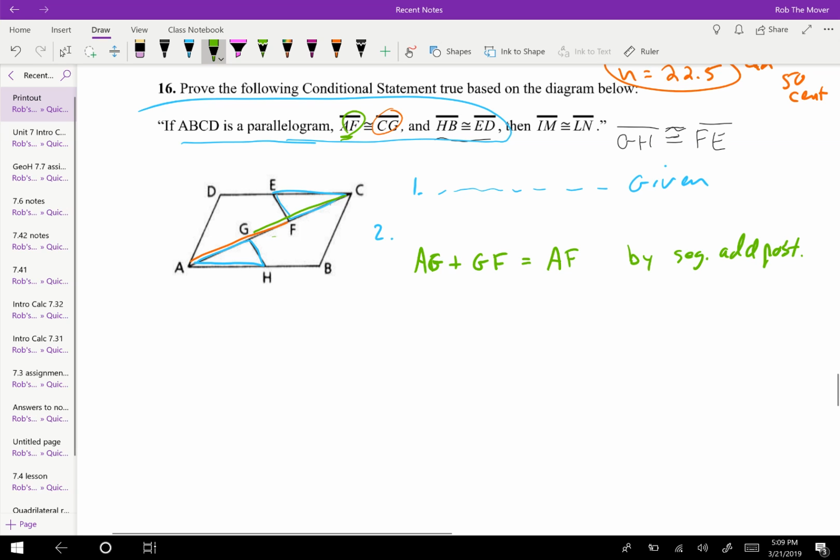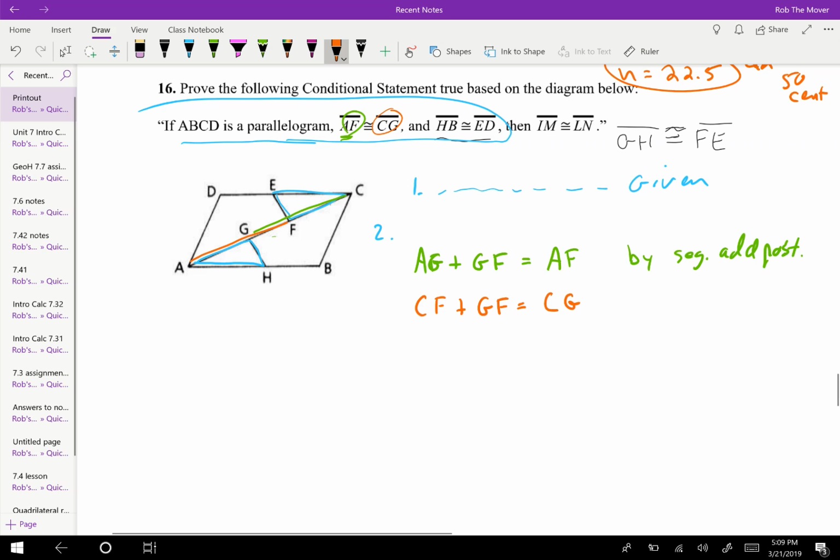And the same thing happens up there. CF plus GF also equals CG.